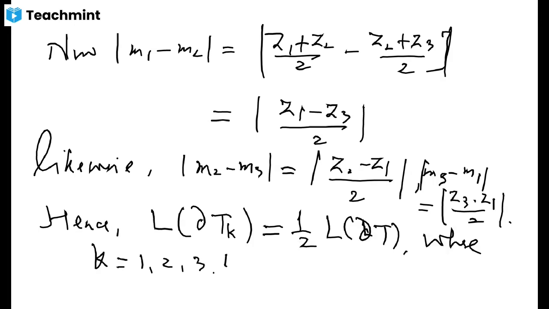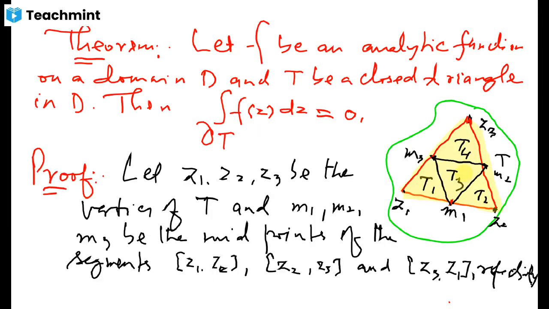What is the length? L is the length. Here length means the perimeter of the triangle. So it has to be half of the bigger triangle.